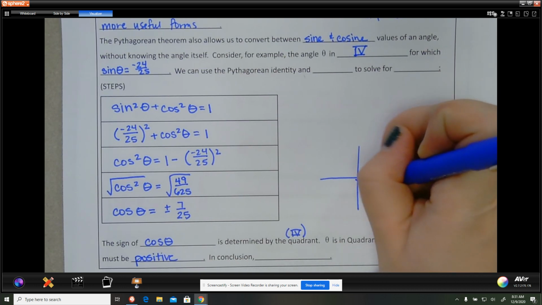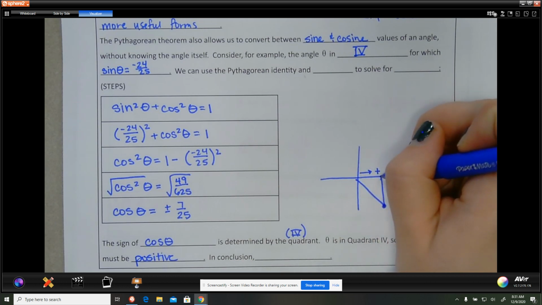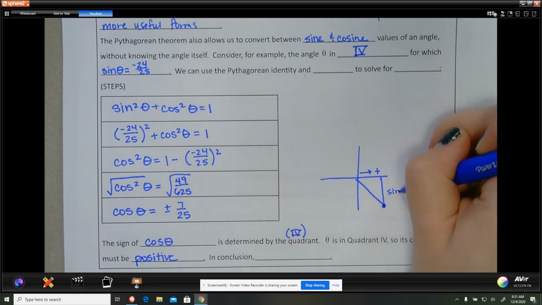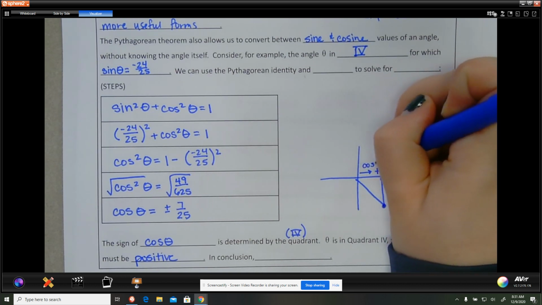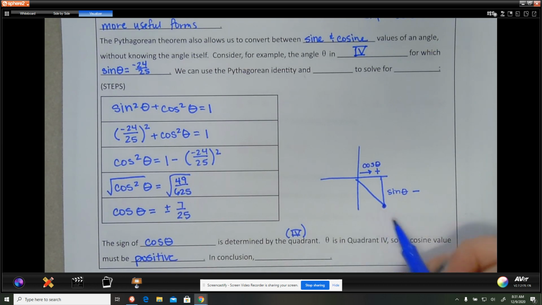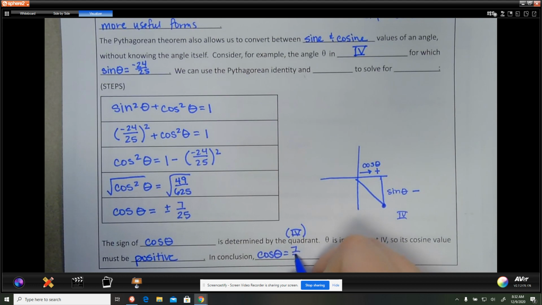If we were going to have some triangle out here, this distance is positive, down is negative. So this is cosine, this is sine. This is where our sine was negative. Our cosine is positive because we're in this 4th quadrant. So in conclusion, the cosine of theta has to be positive 7 over 25.